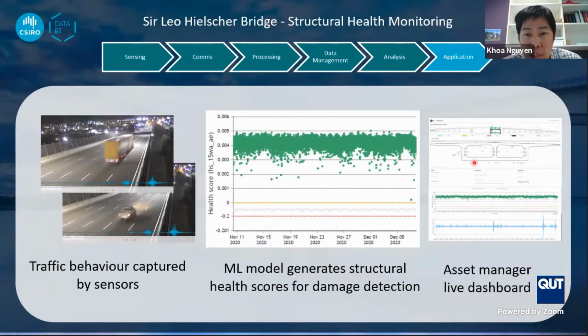When we click on a particular sensor, it will show the machine learning health score at that location. And when we click on the health score, it will show the raw data associated with it. So in case there's an alert, the asset manager has some idea of what component of the raw data triggered the alert. Next slide, please, Ben.